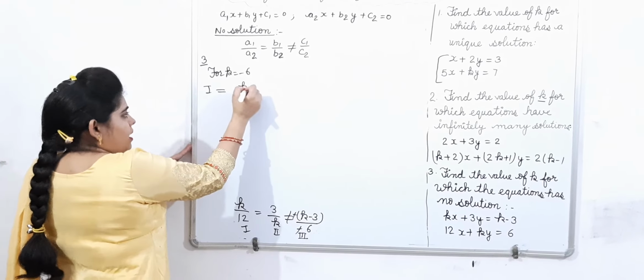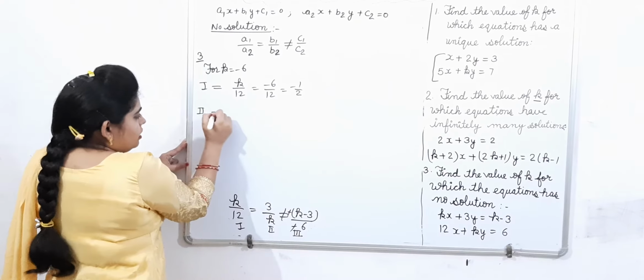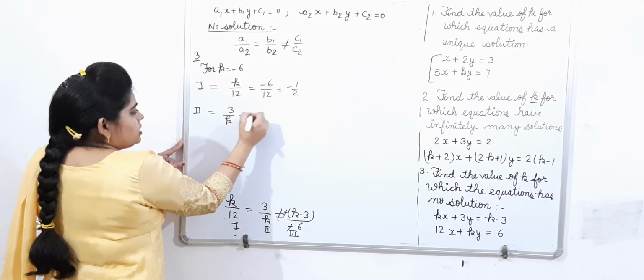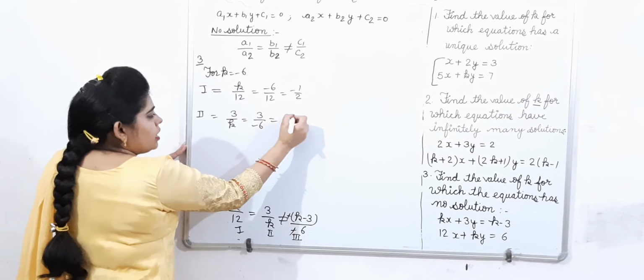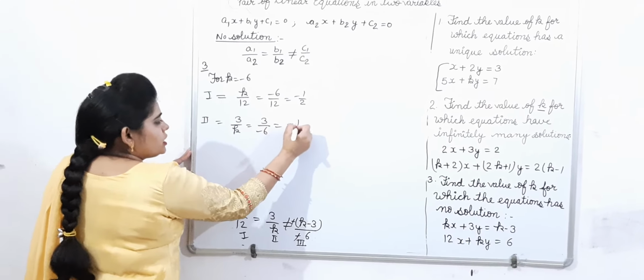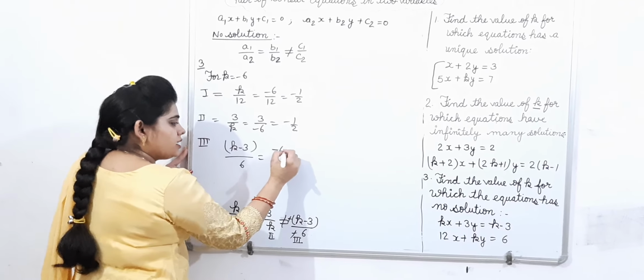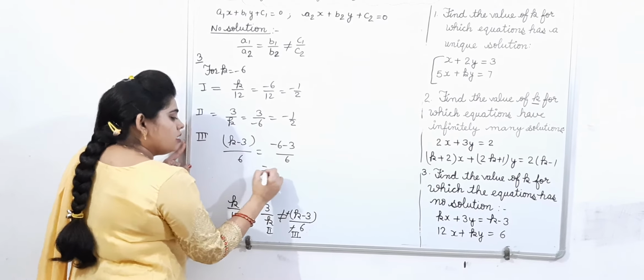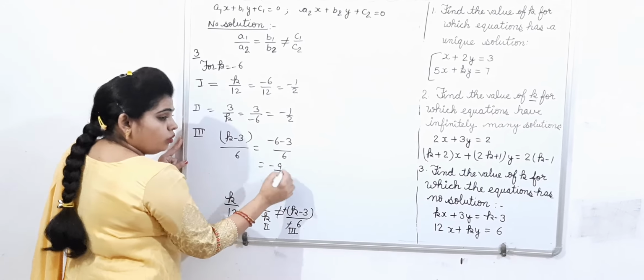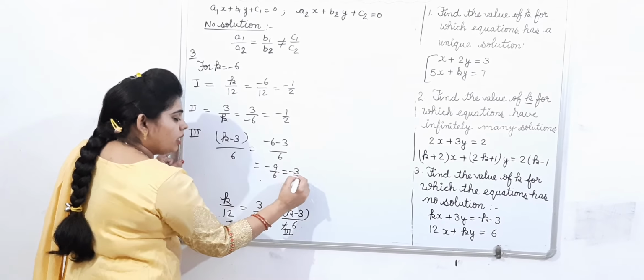We will get minus 1 by 2. In the second part, 3 by k means 3 divided by minus 6, which is minus 1 by 2. Third part, k minus 3 divided by 6. And what is the value of k? Minus 6 minus 3 by 6, minus 9 by 6, or on simplification we will get minus 3 by 2.